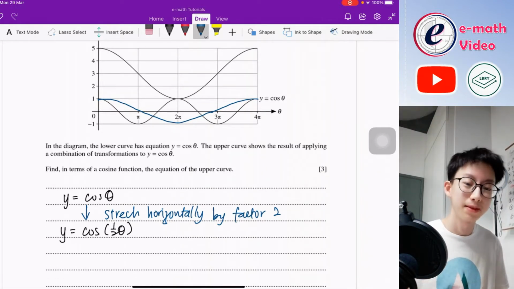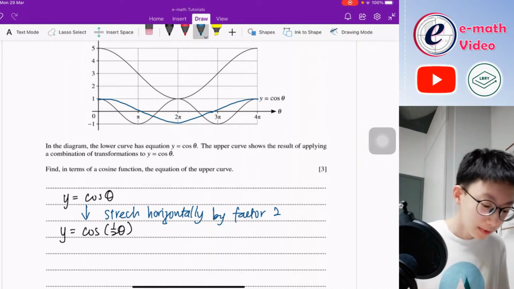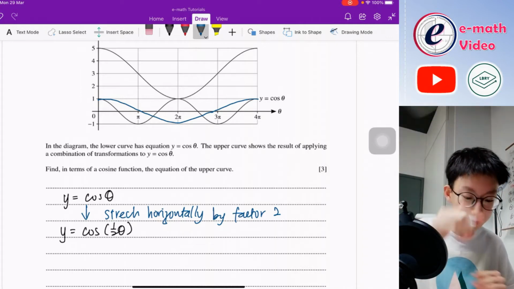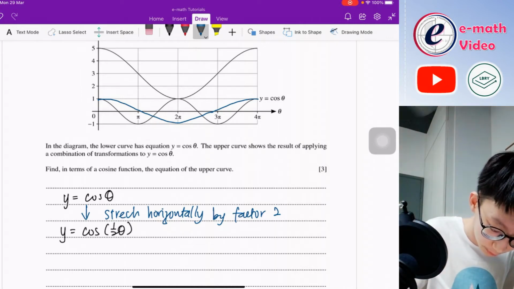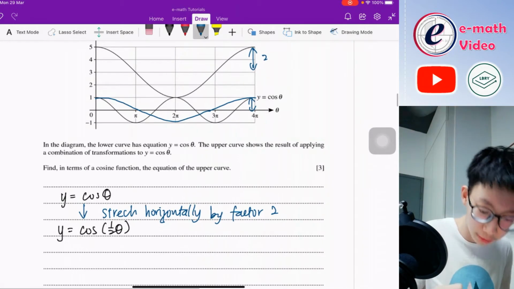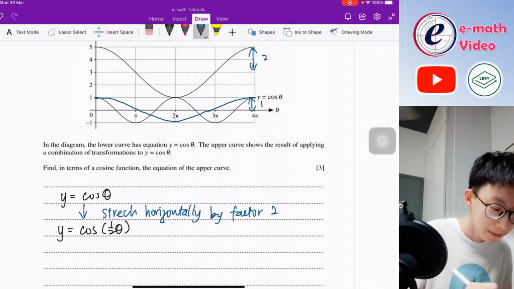actually the order doesn't matter, but I just write whatever that I can see here. The next step I will do is stretch vertically, because you see the amplitude here is actually 2, right? But the original amplitude is only 1, so I need to stretch it, make it become taller, right?